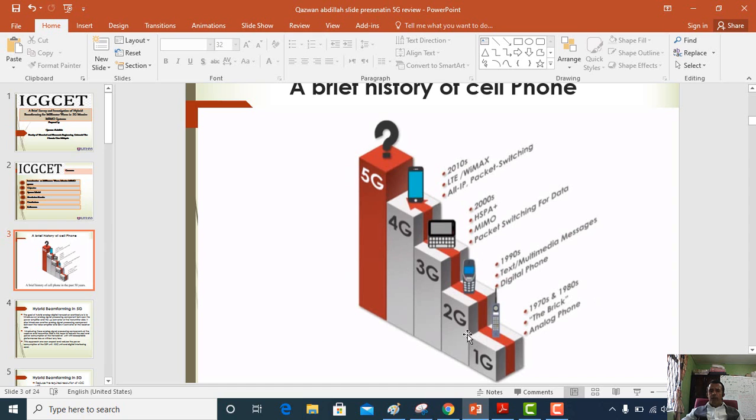Then 4G came in 2010 with WiMAX, LTE, and IP addresses. It was like a small computer in our hands. And 5G is now expected to increase the capacity and the speed to 100 times that of 4G.